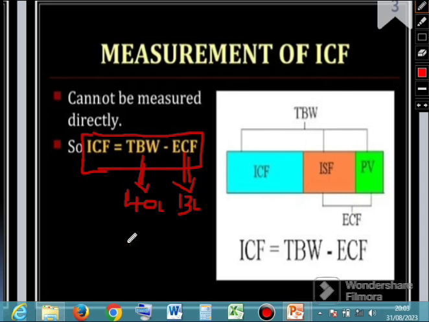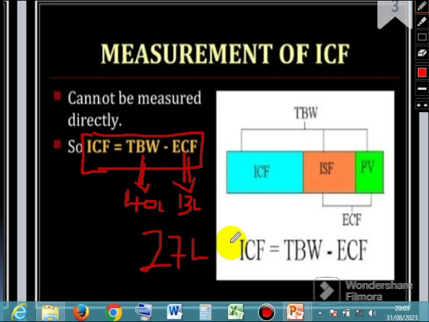Okay. So her intracellular fluid volume will be 27 liters. Is that normal or abnormal? Is she normal or abnormal?